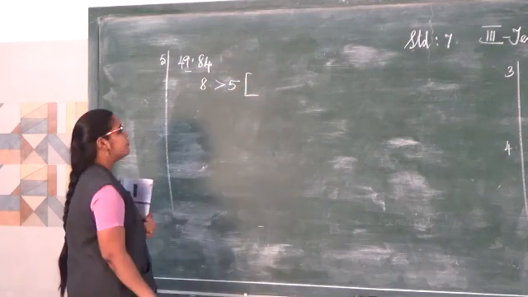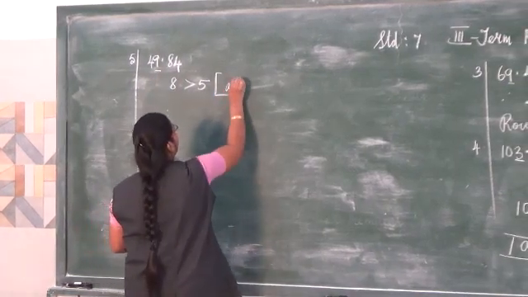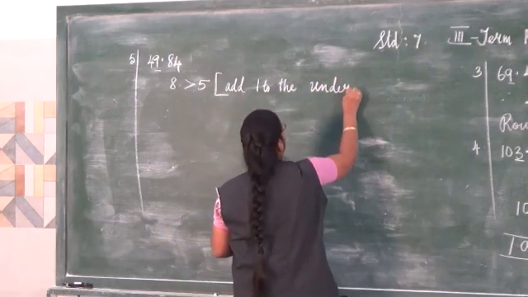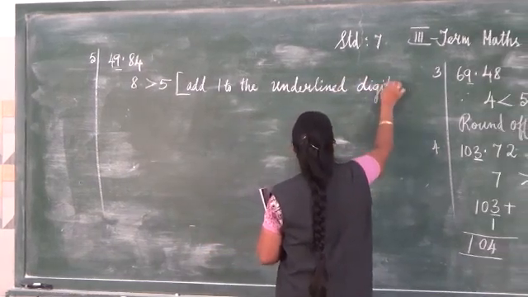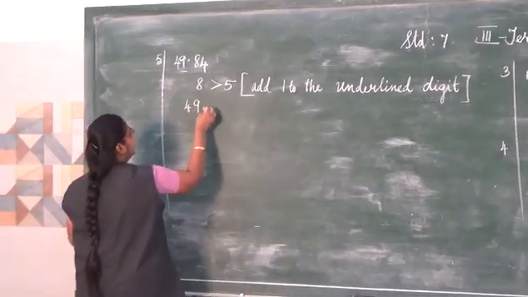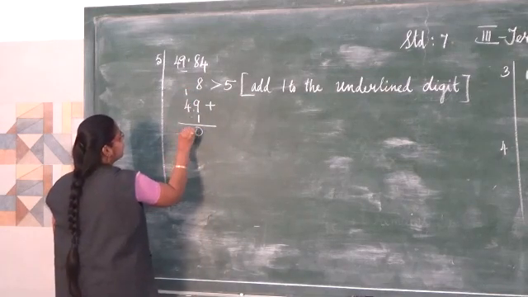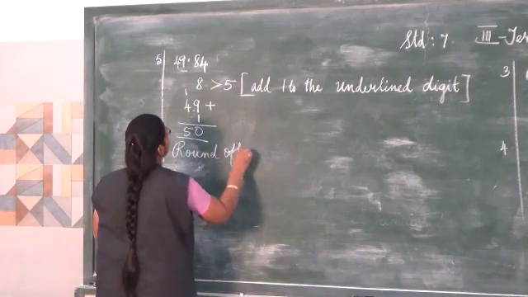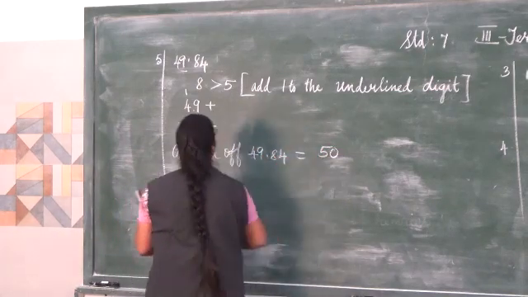If 8 is greater than 5, we have to add 1 to the underlined digit. If you add 1 to the underlined digit, what do you get? 49 plus 1, you will get 50. So round off 49.84 is equal to 50.